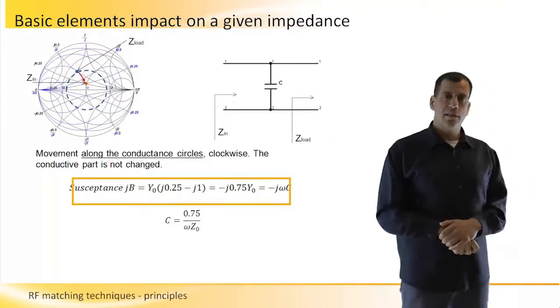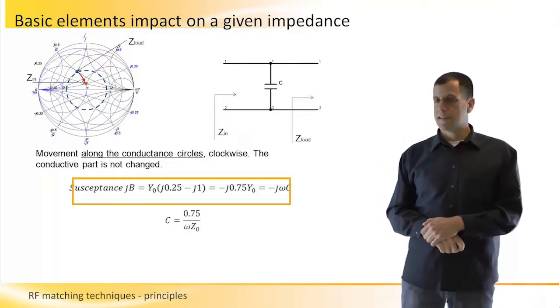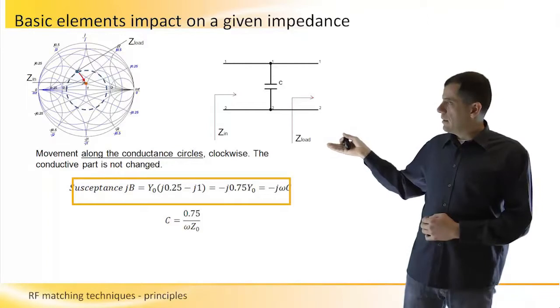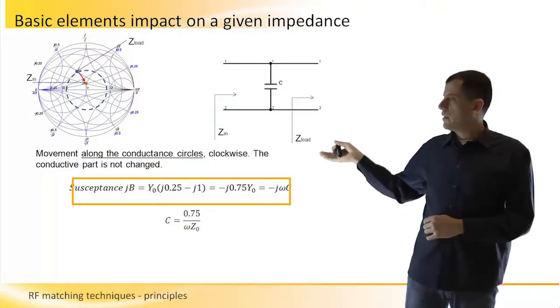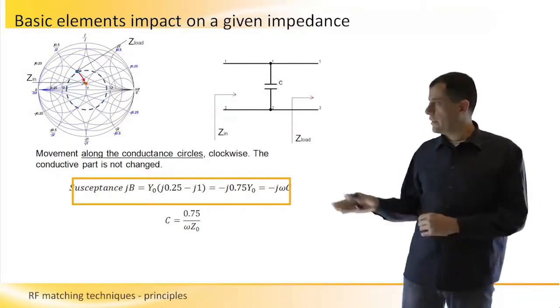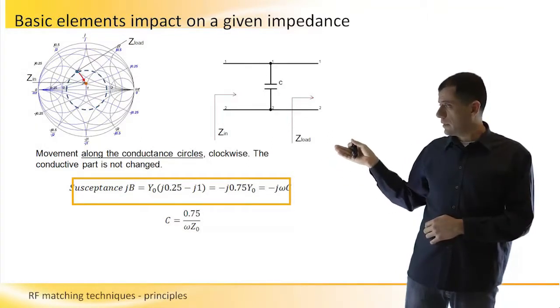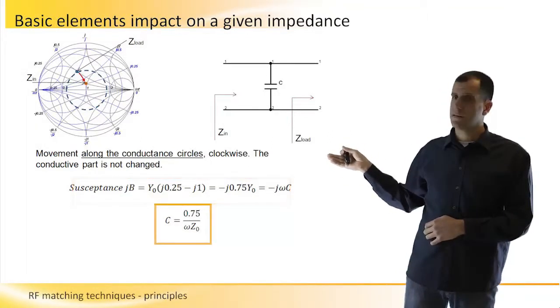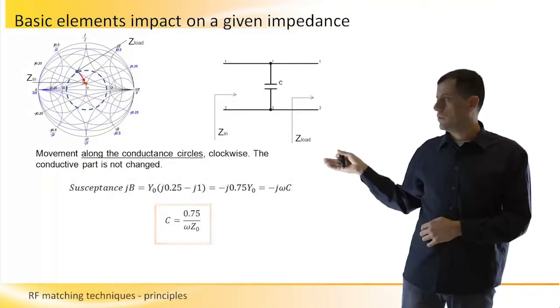And this is actually the susceptance that has been contributed by this capacitor. The susceptance of the capacitor is given by j omega C. Then, if we play a little bit with the formula here for this specific case, we will get that the capacitor is equal to 0.75 divided by omega Z0.